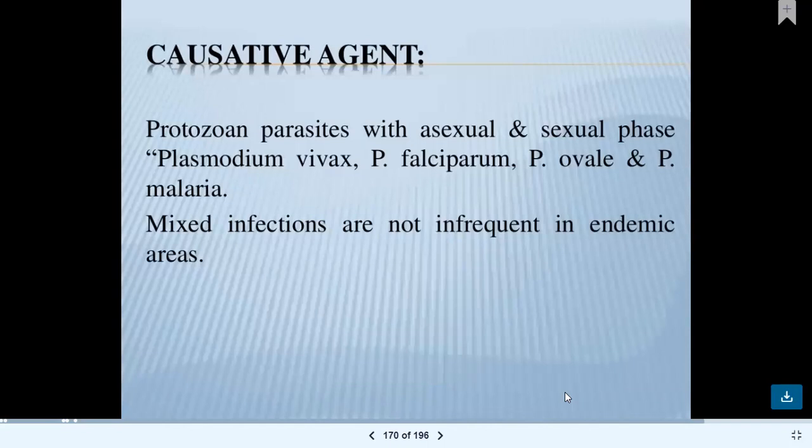Protozoan parasite with asexual and sexual phases: Plasmodium vivax, Plasmodium falciparum, Plasmodium ovale, and Plasmodium malariae. These are the four types of parasites which cause malaria, and mixed infections are not infrequent in an endemic area.